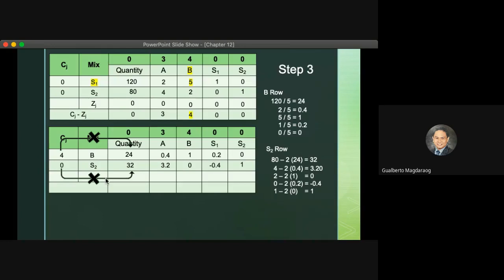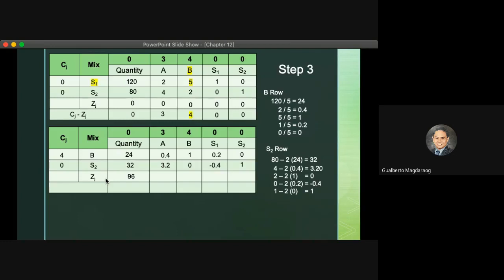So 4 times 24 plus 0 times 32, yun yung lalagay natin sa ilalim niya, 96. Okay, let me flash it again. 4 times 24 plus 0 times 32 equals 96.